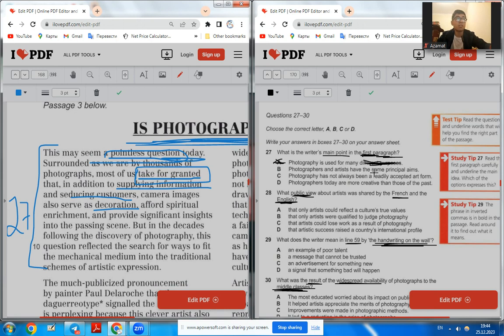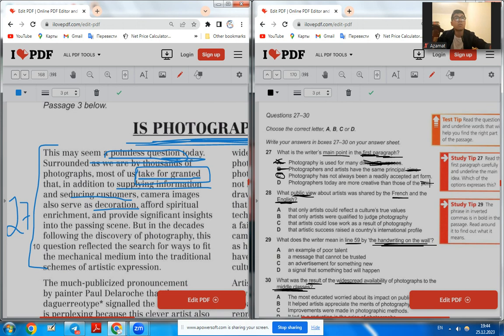Photographers and artists have the same principal aims. Nothing about the aims in this paragraph. Photography has not always been a readily accepted art form. Yes, this is true. Photographers today are more creative than those of the past.